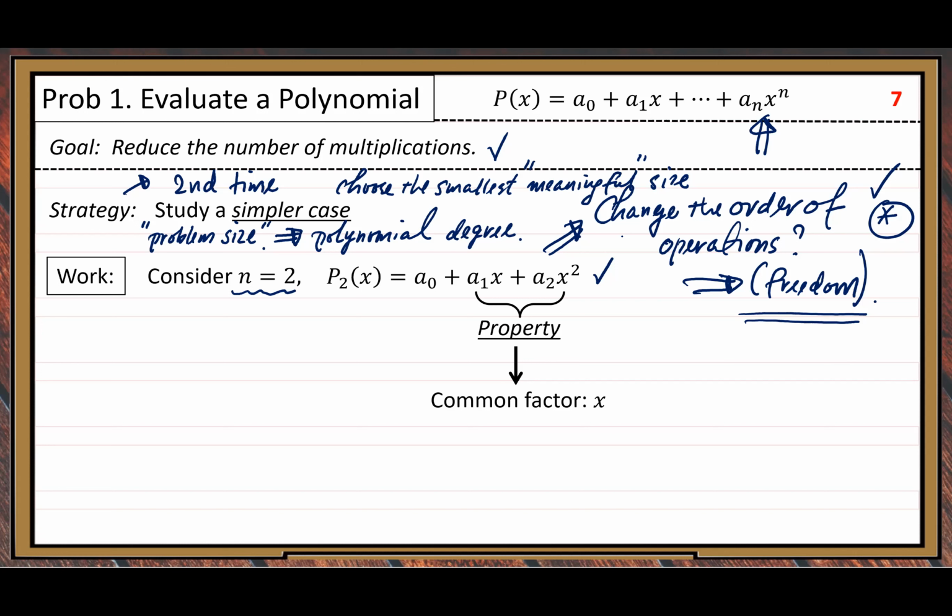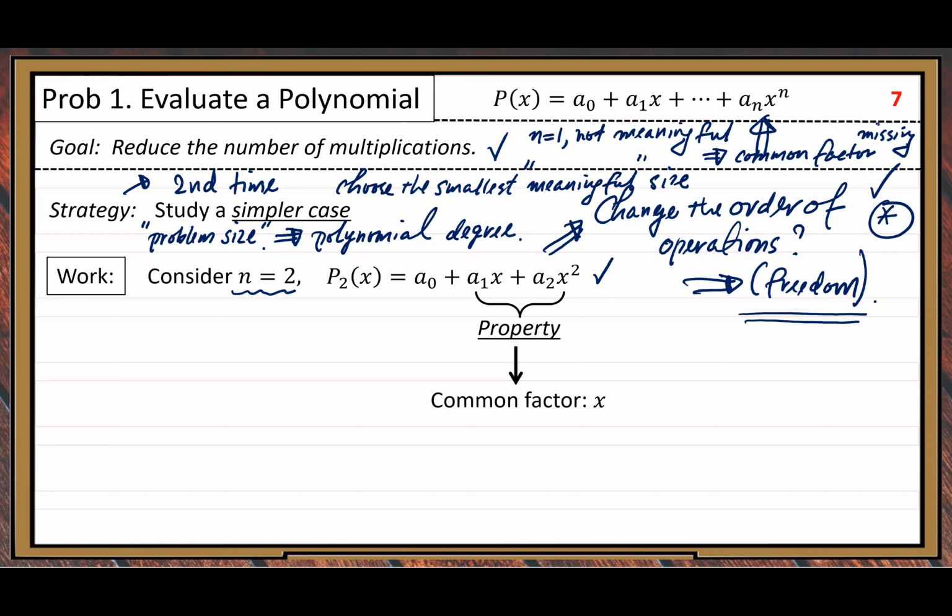Then if we go back to n equals 1, here I can explain why n equals 1 is not meaningful. Based on our situation, it's not meaningful because you will see this common factor property missing, right?